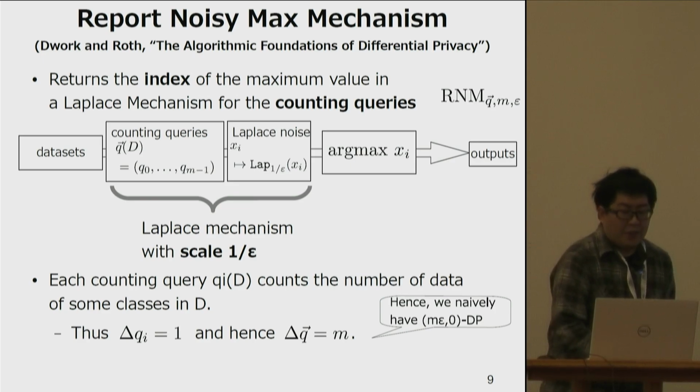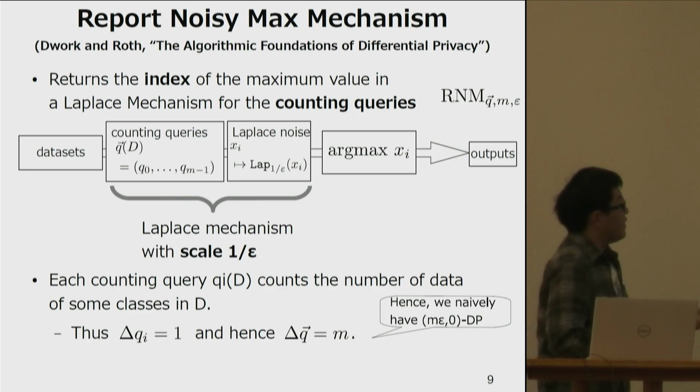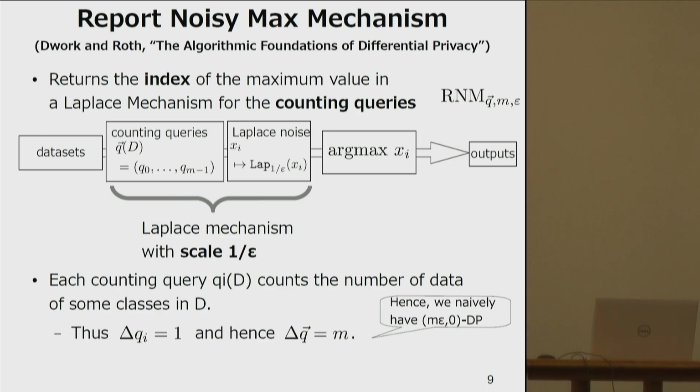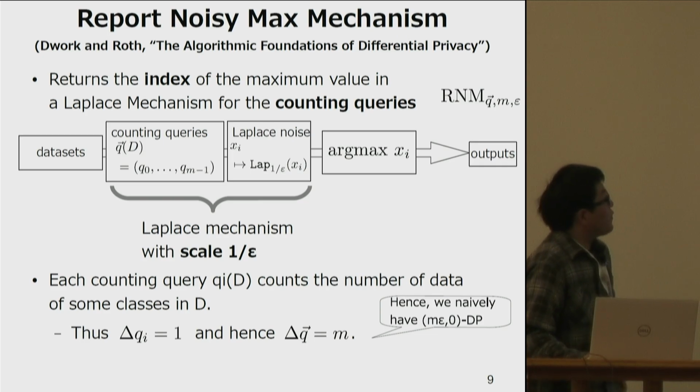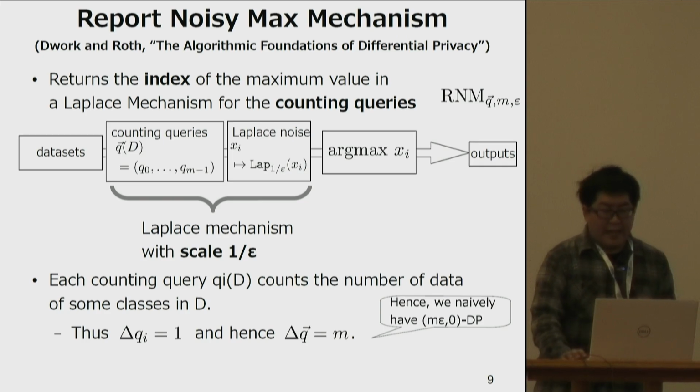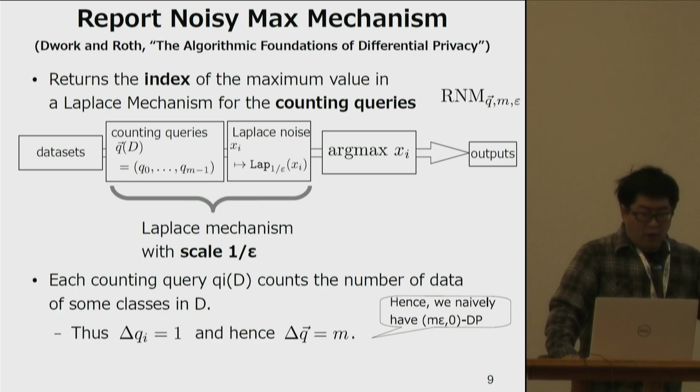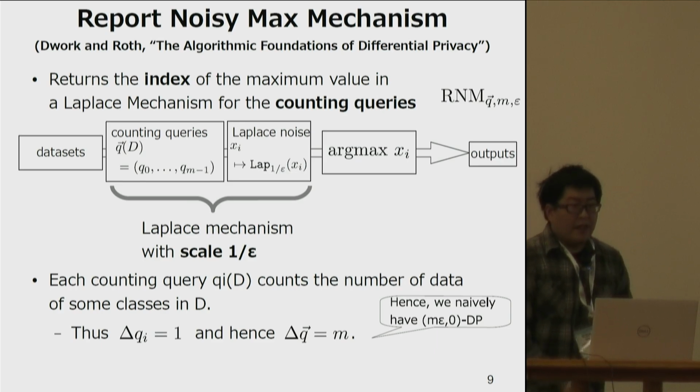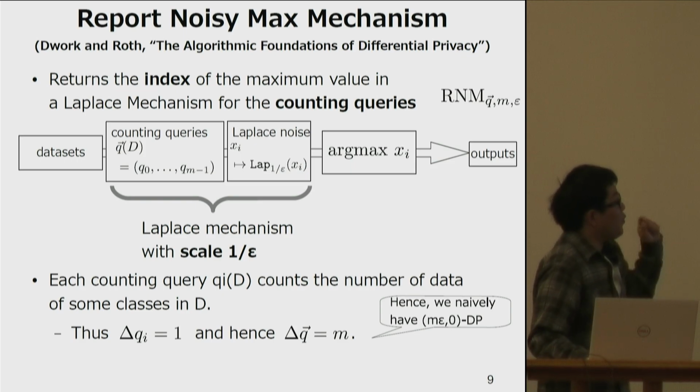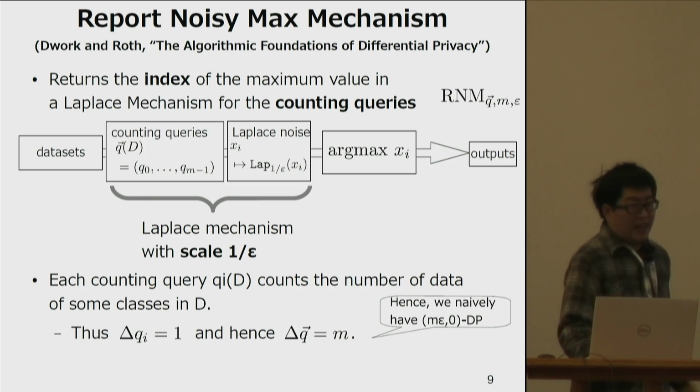Then we consider a tuple of m counting queries, and this has sensitivity m. We also consider the scale parameter 1 over epsilon, and then we apply the argmax operation after that.